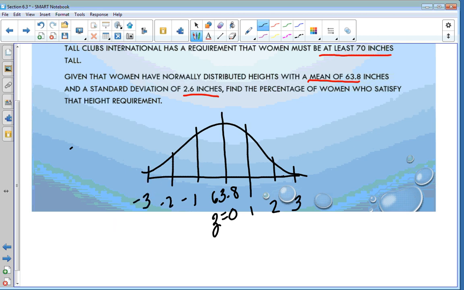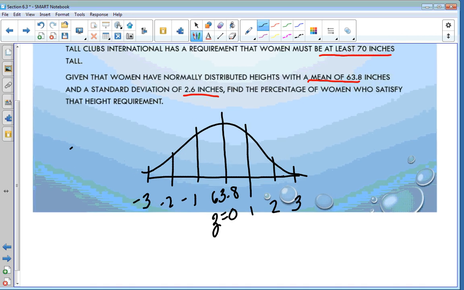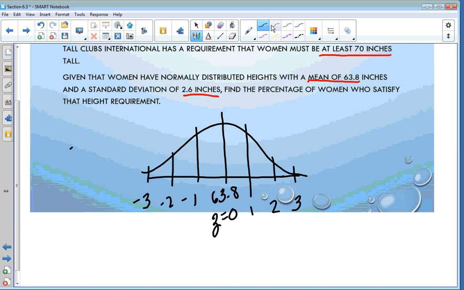Well, we could go ahead and list all of the scores that would be based upon 63.8 being our mu. So if I have a standard deviation of 2.6 inches, that means from mu 63.8, when I go one standard deviation, I'm really going to add 2.6 inches.